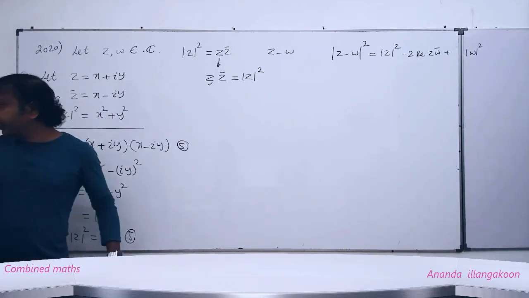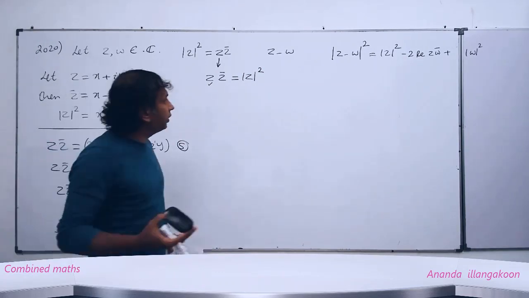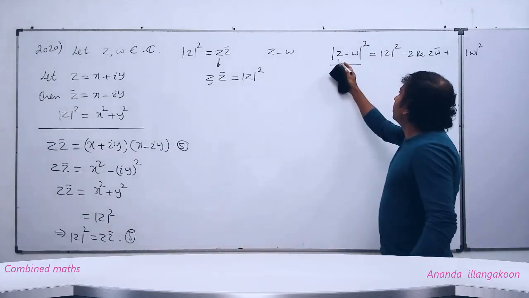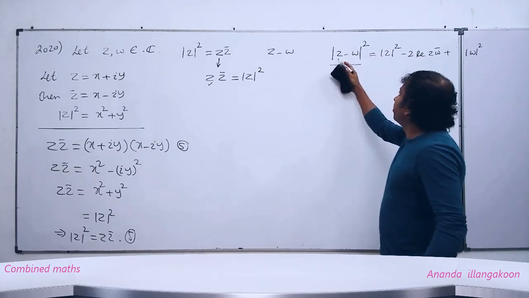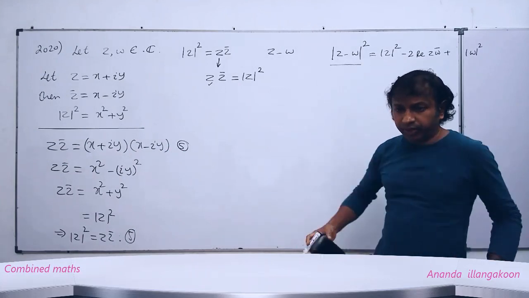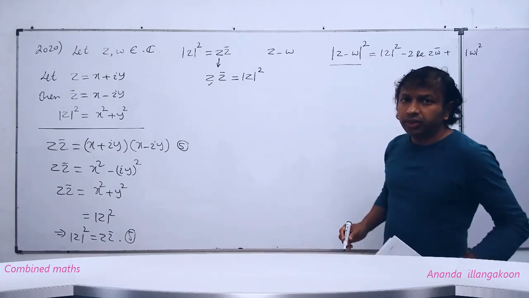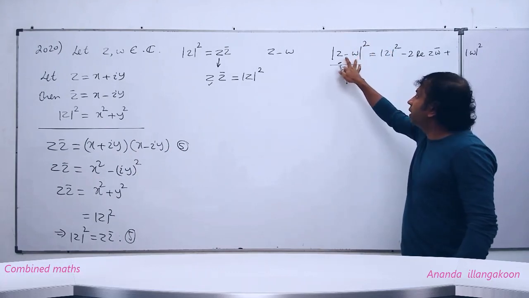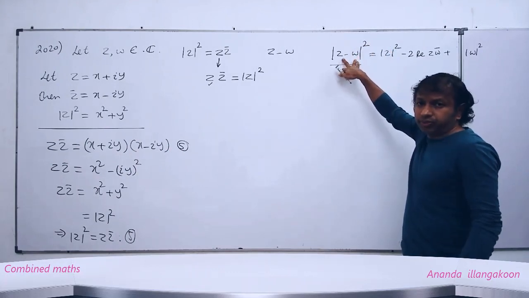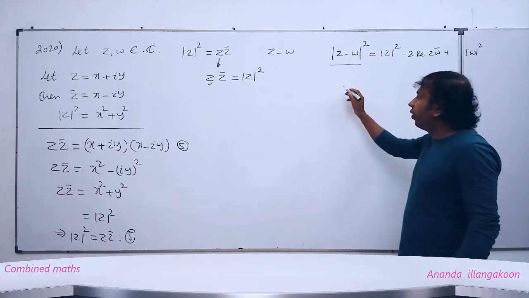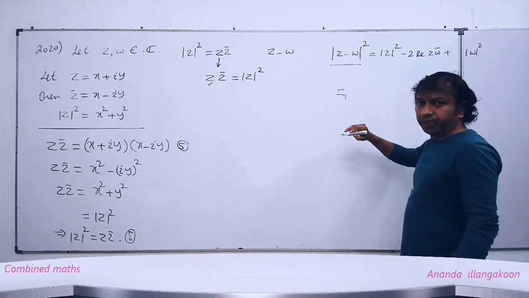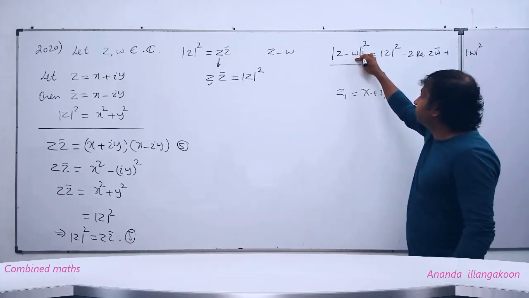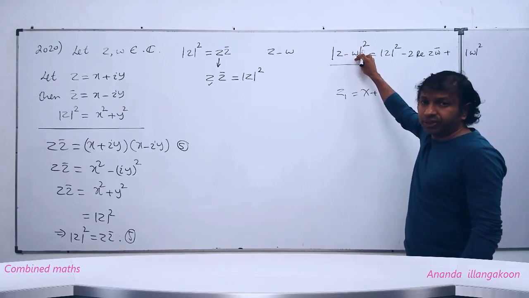Okay, right. So next, we are asked to find this here. z minus w, z is a complex number, w is also a complex number. Then z minus w, that difference, is a complex number. Only its modulus squared is asked. Anyhow, this z minus w is a complex number, and we can give it a name like z1, of the form x plus iy, because we know the difference of two complex numbers is another complex number, which we have proved.